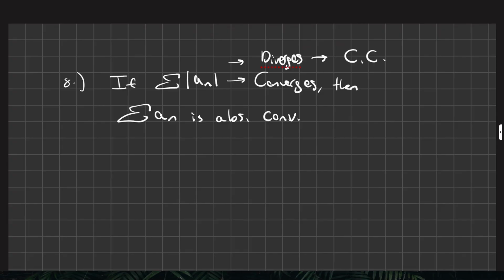Part E says if the sum from n equals 10 to infinity of a sub n diverges, then the sum from n equals 1000 to infinity of a sub n blank diverge. So the answer is must. Removing finitely many terms, i.e. going from n equals 10 to n equals 1000, does not change the convergence or divergence of the series, right?